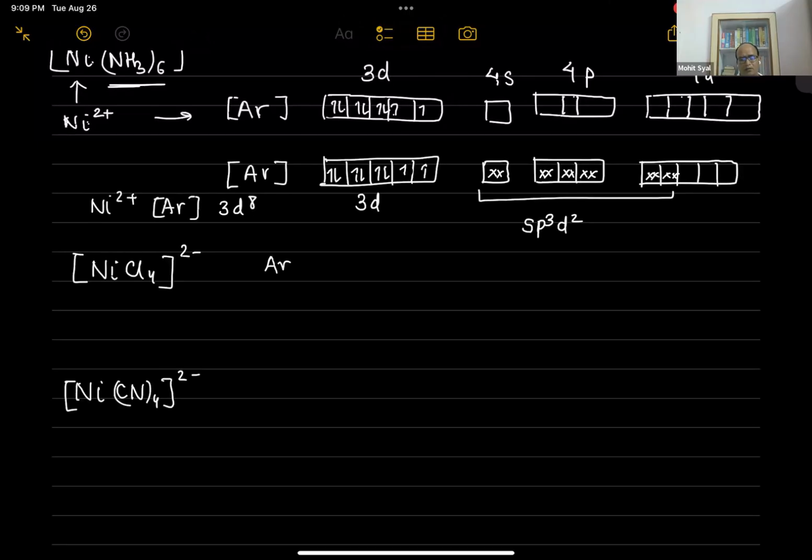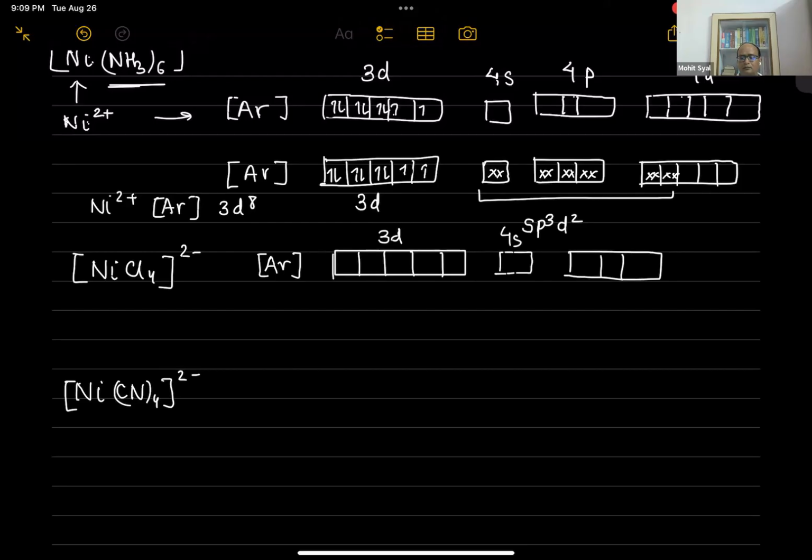Now, what are we going to do with these 8 electrons? What will their fate be, with respect to pairing? Who is going to decide their fate?